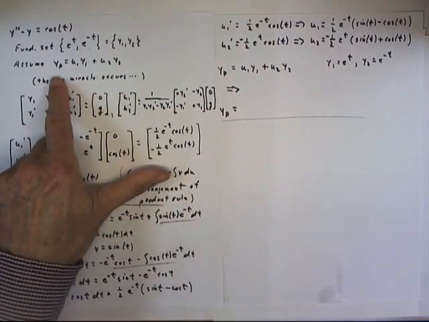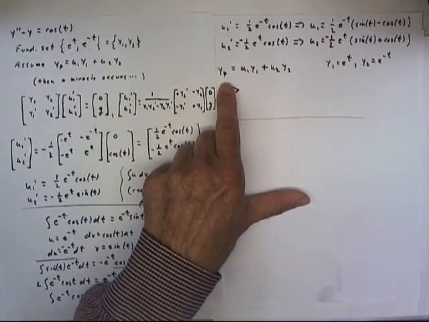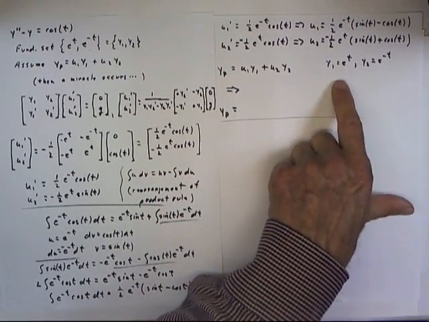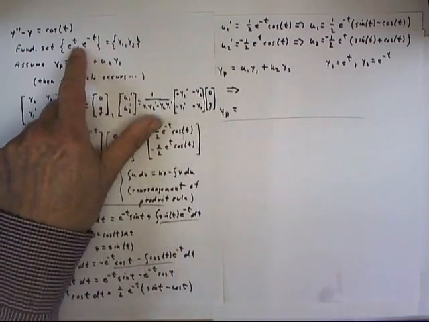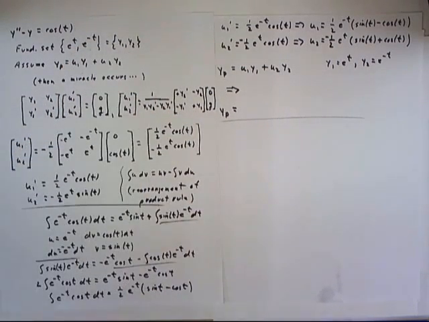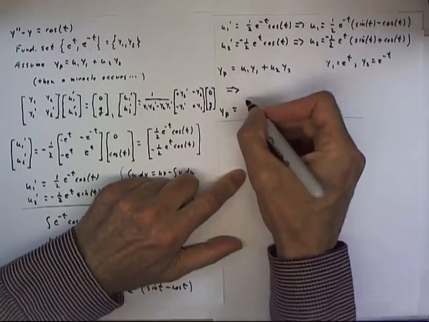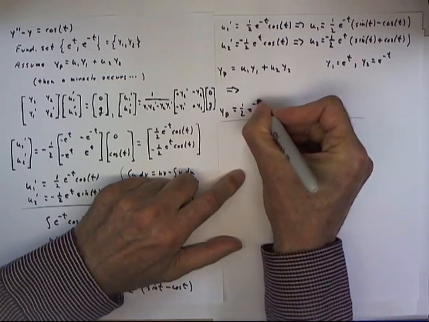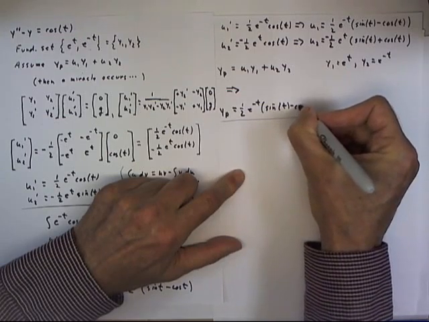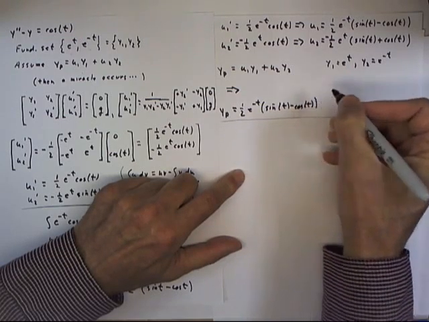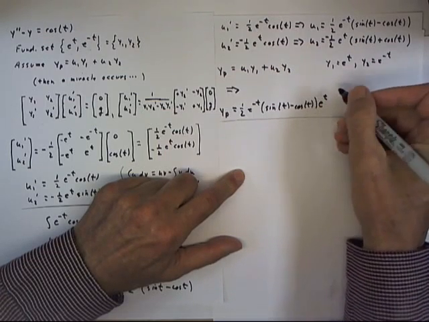Remember, our assumption was that yp equals u1 y1 plus u2 y2, so that using that with y1 of course equal to e to the t, y2 equal to e to the negative t, our assumption from the fundamental set, we get our yp function. So u1 is our function 1/2 e to the negative t times sine of t minus cosine of t, and that's going to be multiplied by y1, and y1 is e to the t.